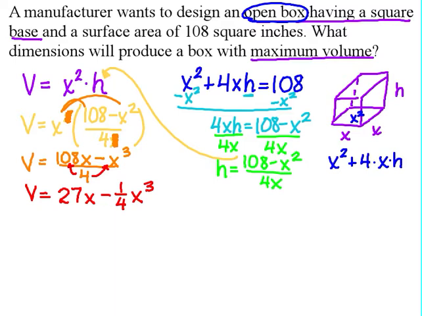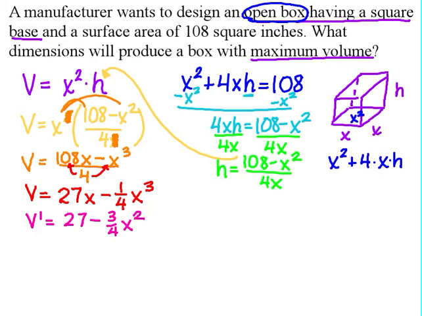By doing all that simplifying, I don't have to do the quotient rule. I'm going to go ahead and find the derivative and then set it equal to 0. So what's the derivative of 27x? 27 minus 3/4 x squared. Good.